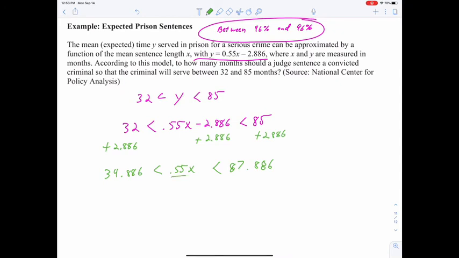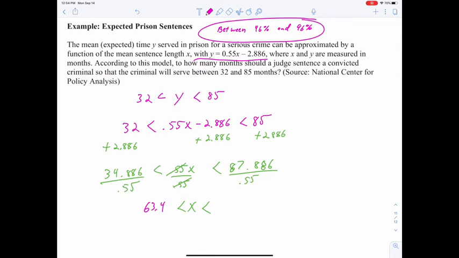All right, and then we're going to divide everything by 0.55 so that we just have x in the middle. Okay. So if we do that one, 34.886 divided by 0.55, is 63.4.